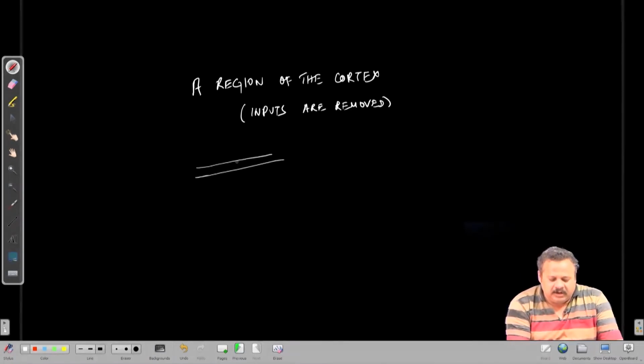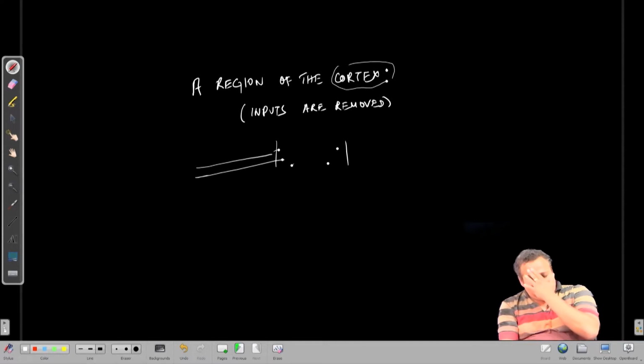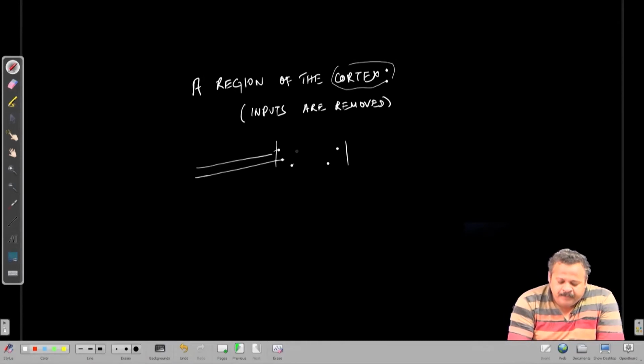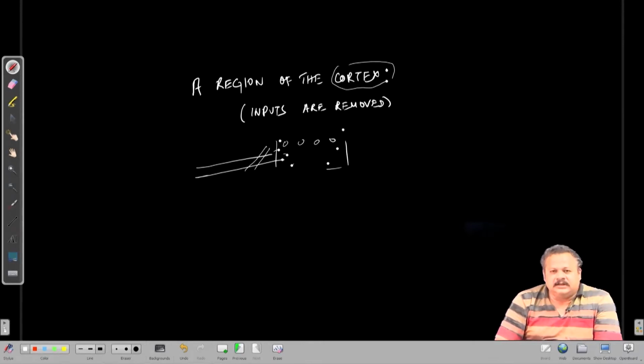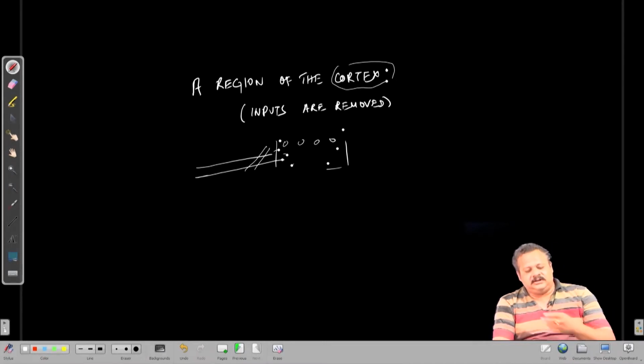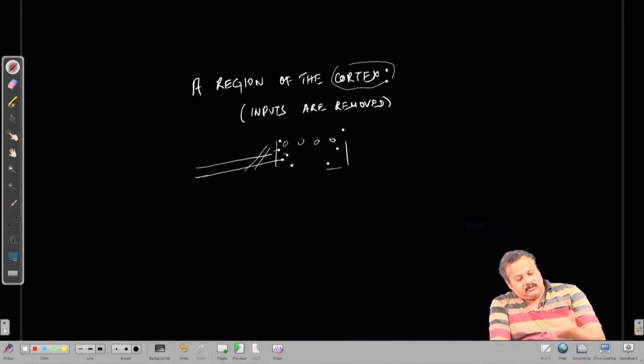Let us say there is a bundle of axons going into that region, and it is not necessarily cortex, but for the examples we will be talking about, it will be cortex. And there are a large number of neurons here, and this input is somehow gone. So it is de-afferented. So afferents, or the fibers projecting into that region, are gone.